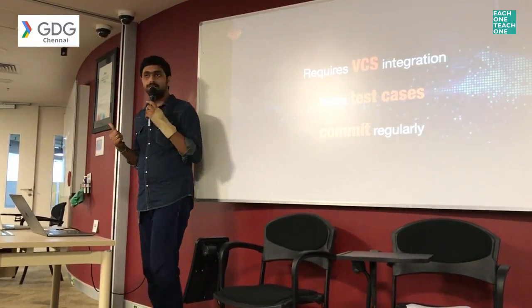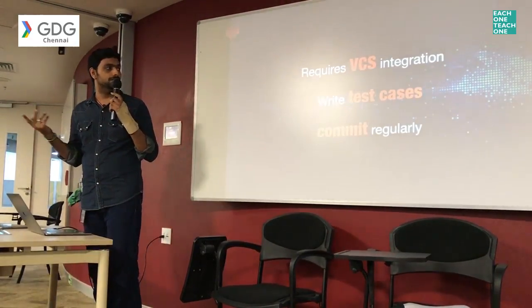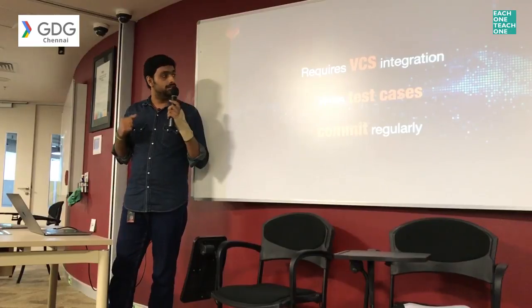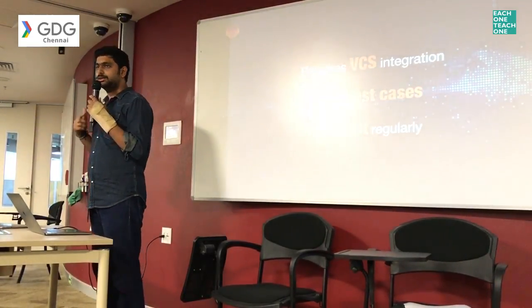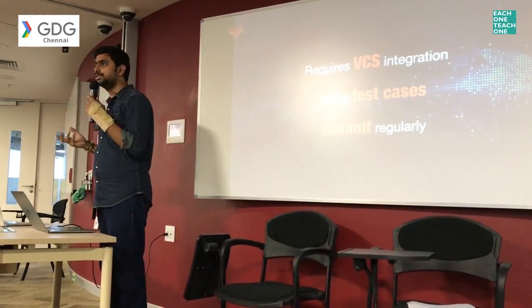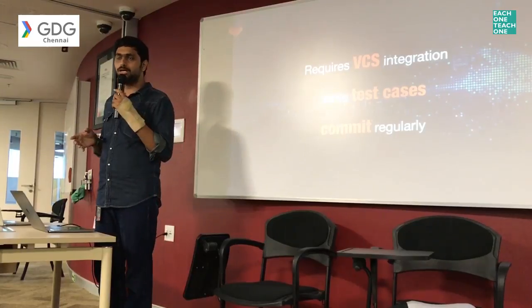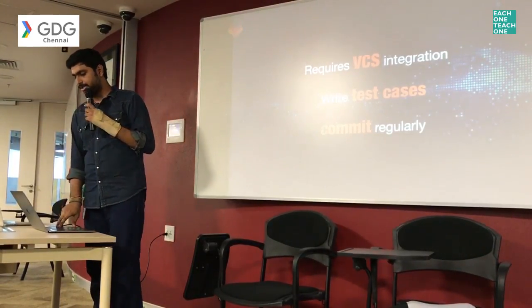So you need a VCS integration, either Git or SVN or Mercurial, anything is fine. And you need to write test cases so that you will know that the merge passes. You cannot blindly merge all the development branches and assume that it would work. You need to know that it would pass.